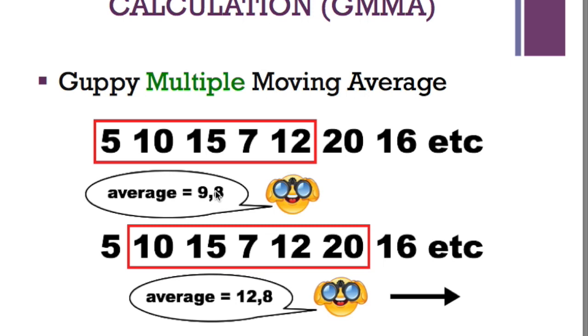Again, it's a moving average, so the next one is 10 plus 15 plus 7 plus 12 plus 20, divided by 5, and now the average is 12.8. Again, all the way.